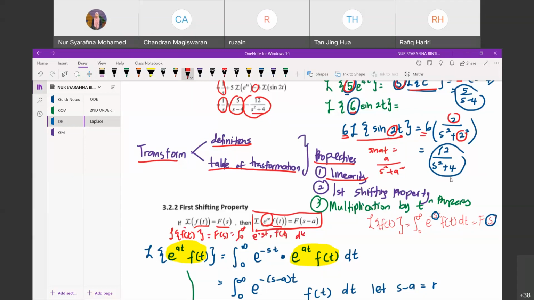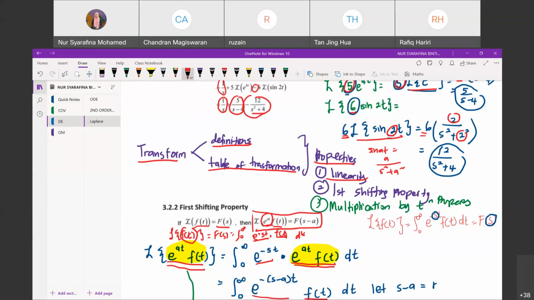Now this f(t) is e to the at times f(t). So e to the power of minus st is multiplied by e to the at f(t). Then we simplify the exponents, and you can just add the indices.